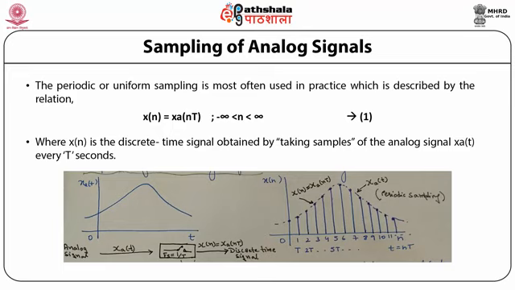This process is clearly shown in this figure, where on the left hand side the continuous xa(t) signal is shown, and on the right hand side the sampling of this continuous signal is shown.